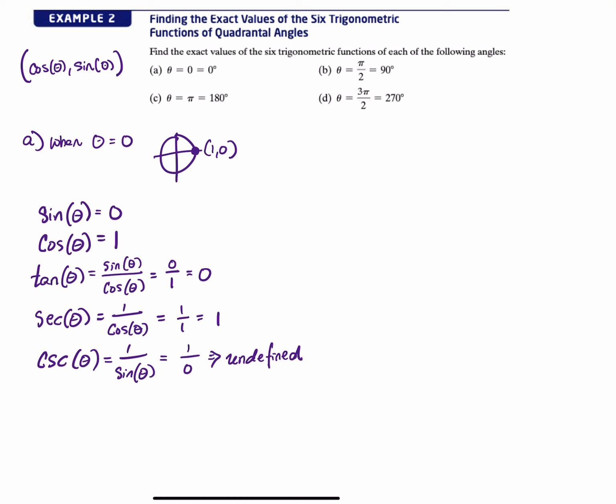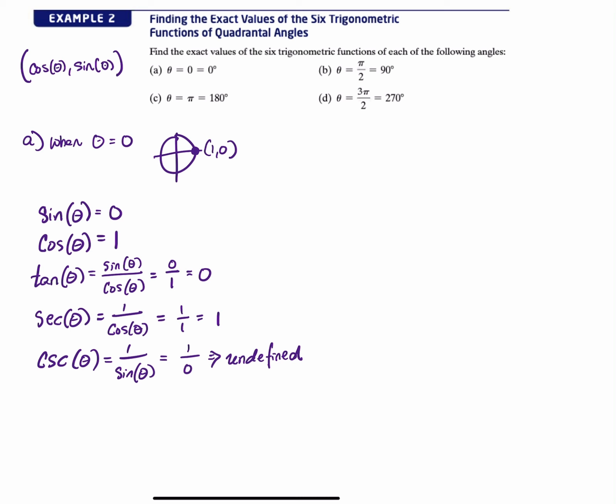So notice some of the trig functions can give you undefined results. They're not defined everywhere. Particularly for the reciprocal identities or the quotient identities, anytime you have a trig function in a denominator, anywhere where that trig function is equal to 0 will produce an undefined result.